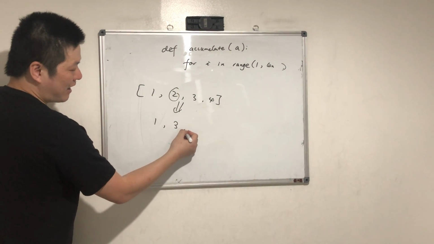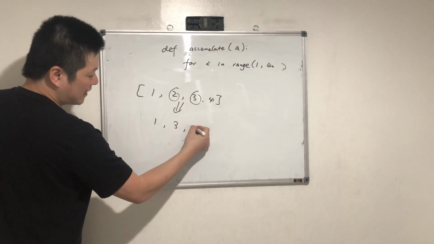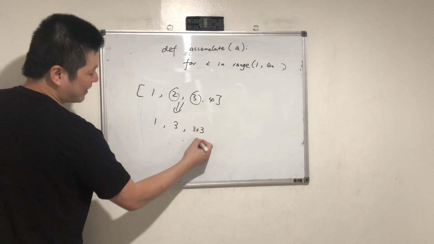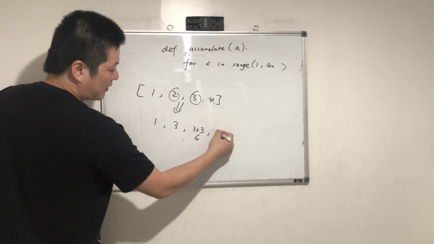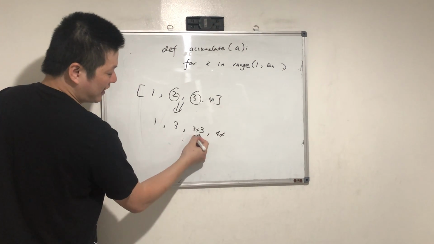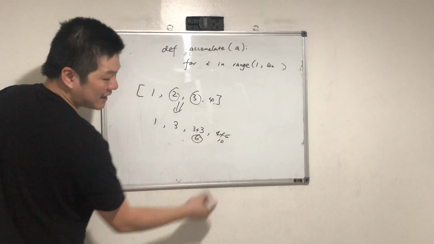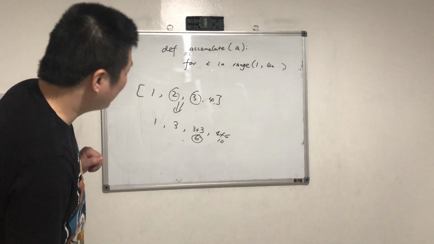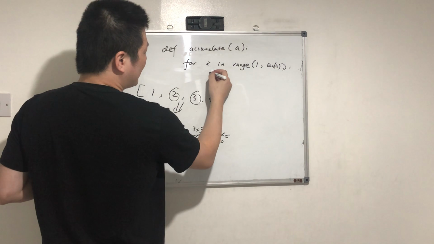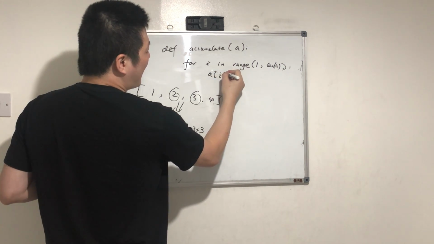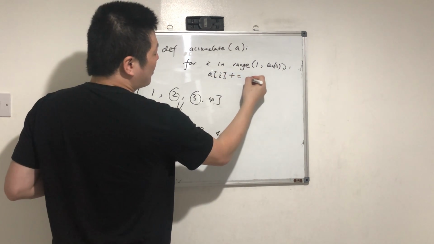And the next is 3 plus its previous one, which is 6. And what's next? It is 4 plus the previous one. Does it make sense? Okay, so for i in range length of A, look, A[i] plus equal what? Can you tell me?